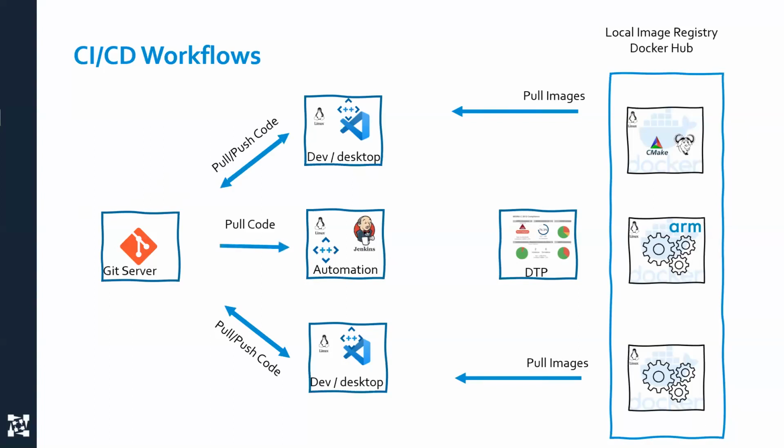And the CI server executes the pipelines, which include building the code, but also running the static analysis and perhaps unit tests, integration tests, and automated system level tests.